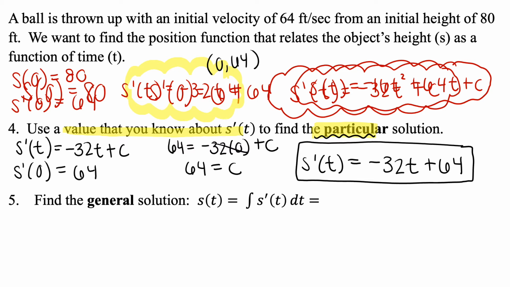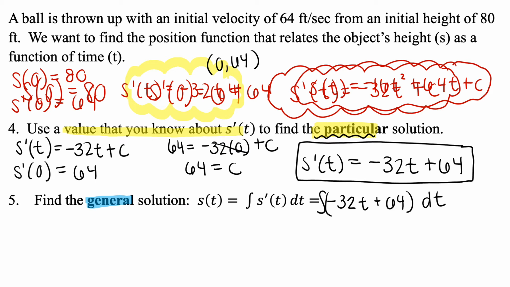And now we want to find the general solution. So we're going back to our general solution, integrating s prime of t to find our position function, s of t. So here this means we want to integrate negative 32t plus 64 dt.